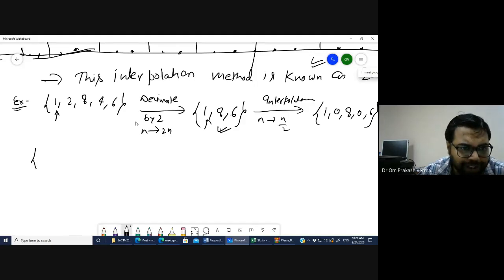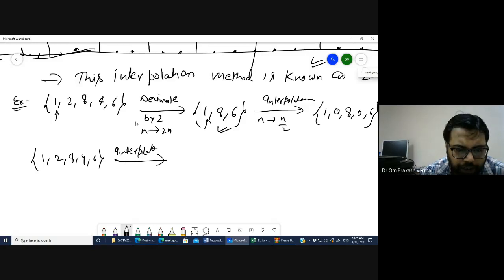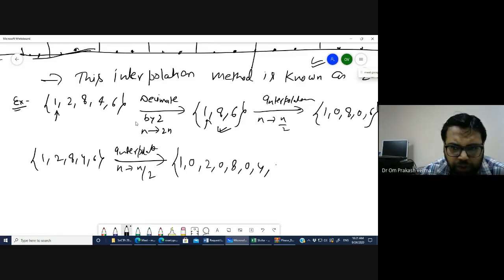Let's try the same and see if you get it or not. First interpolate by n by 2, so I will get 1 0 2 0 8 0 4 0 6. Now decimate by 2n.